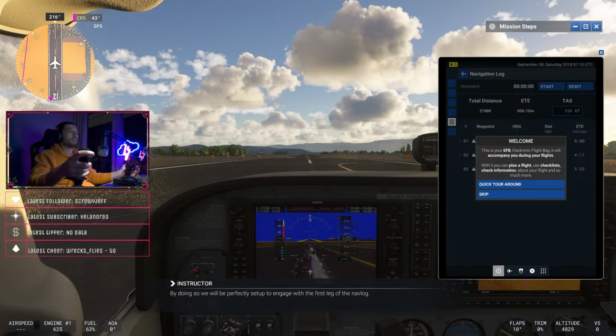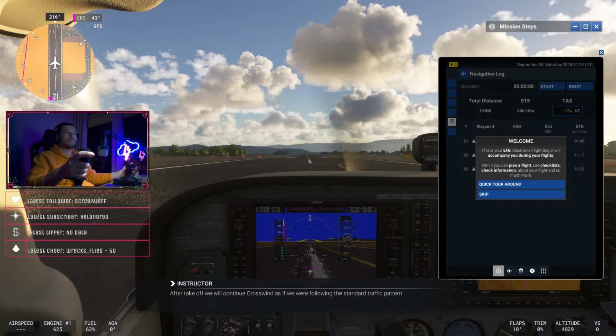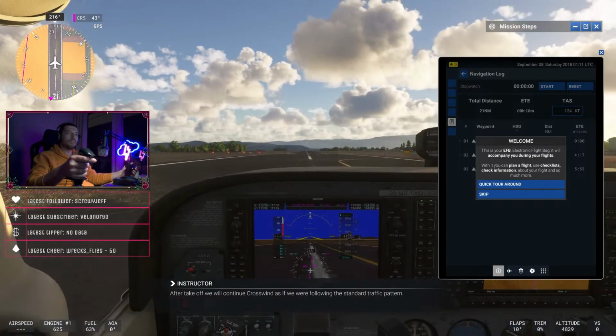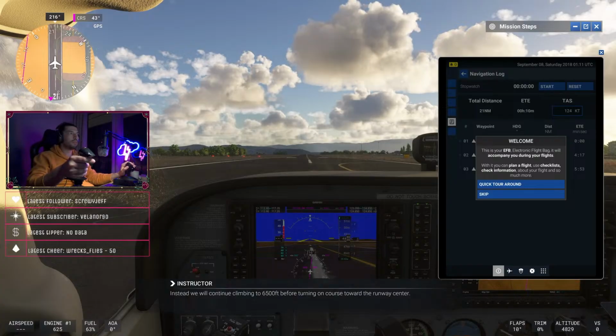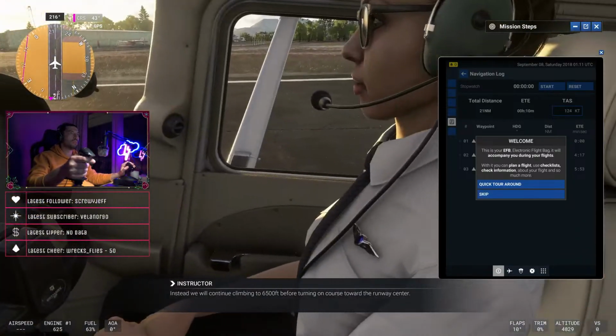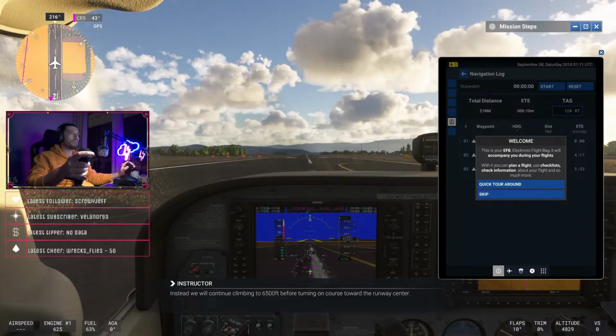By doing so, we will be perfectly set up to engage with the first leg of the navlog. After takeoff, we will continue crosswind as if we were following the standard traffic pattern. However, we won't turn downwind. Instead, we will continue climbing to 6,500 feet before turning on course toward the runway center.